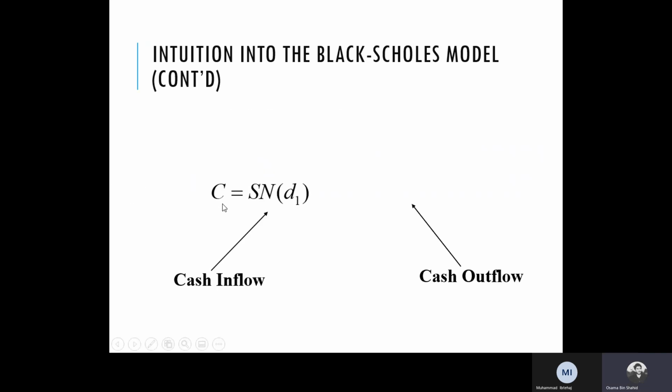So we can see that S N(d1) means the stock price and its normal distribution is the cash inflow, while minus the strike price and its present value times the normal distribution N(d2) shows the cash outflow.